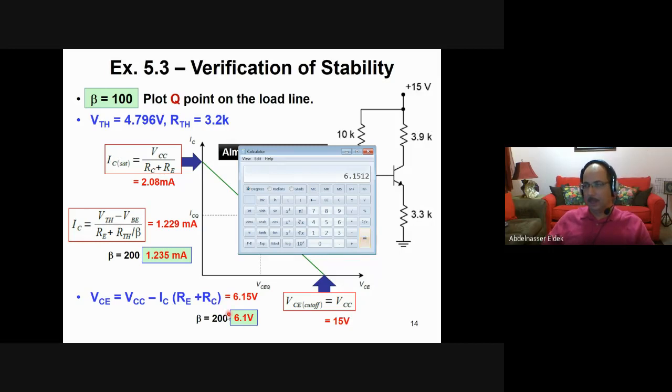And when beta equals 200, it was 6.1 volt. So the difference is 0.05. There's no big difference here. If you want to calculate the percentage change, you divide it by the original value of 6.1, and you multiply this by 100. So it is actually 0.81 or 0.82%, even less than 1% change.